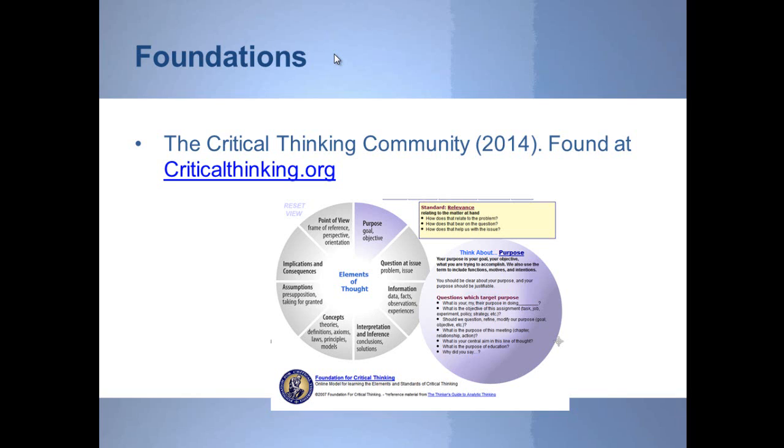We researched definitions and models of critical thinking. In particular, we referenced criticalthinking.org quite a bit. We liked the way that they parsed out the different elements of critical thinking, and they defined each segment in a nice, clear way.